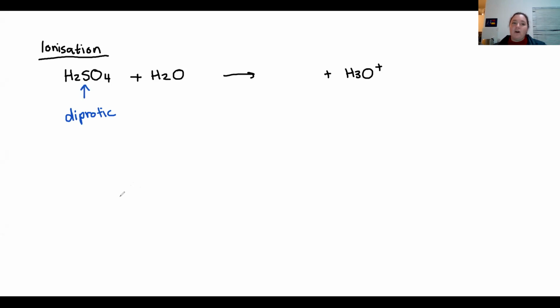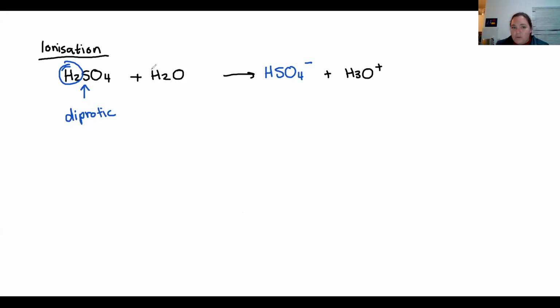If I'm ever asked to give a reaction for ionization, I only ever take off 1 proton at a time. If it says complete ionization, then I'll give off both. So if I'm asked for just the ionization, I will take off 1 H and a plus. That means that I'm left with HSO4 minus. This is the first ionization step.